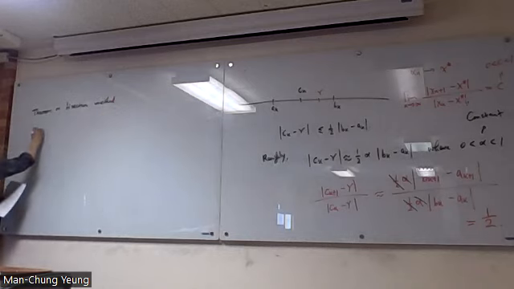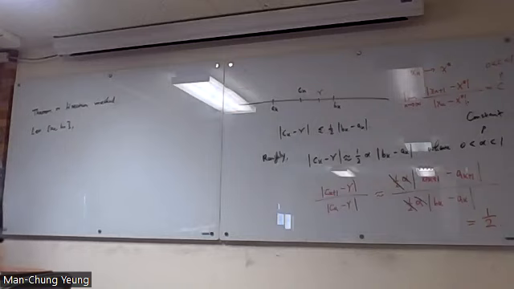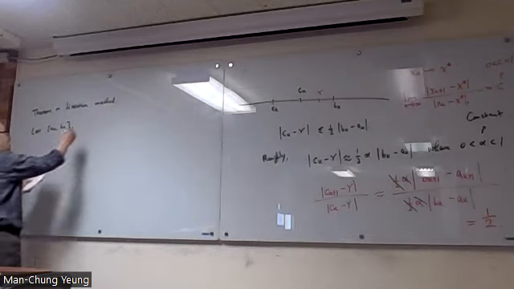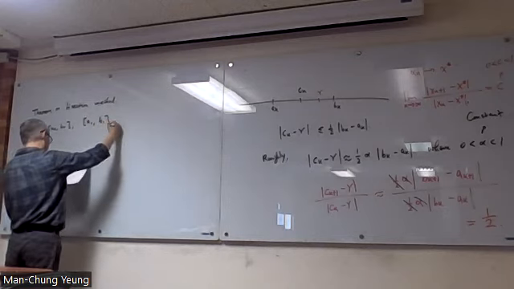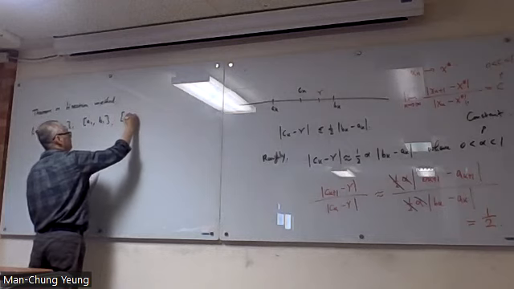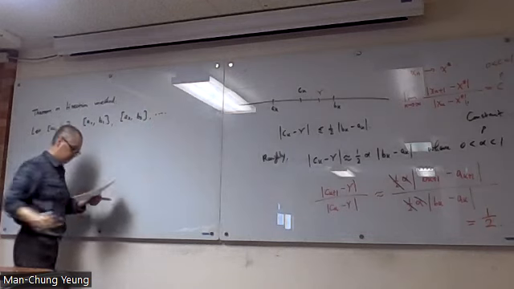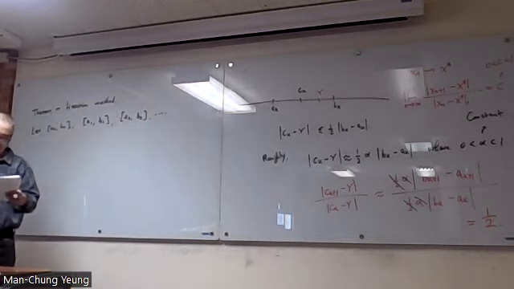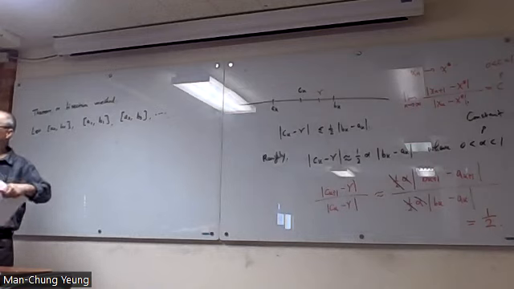A0, B0 is the initial interval. We start with this interval. After step one, we have this interval. After step two, we have this interval, and so on. Each interval contains a root.